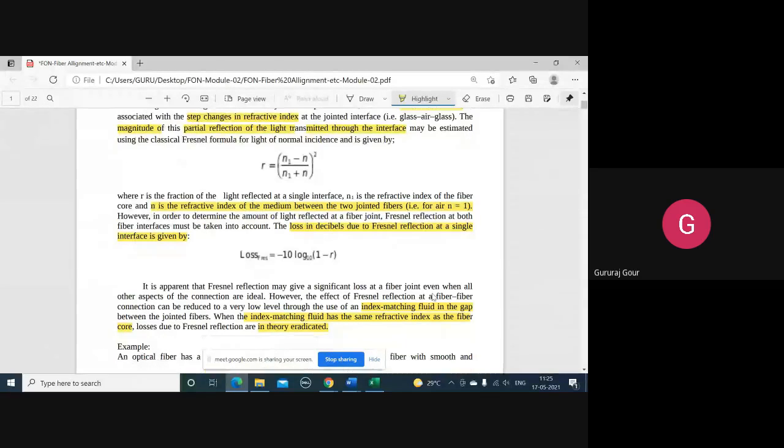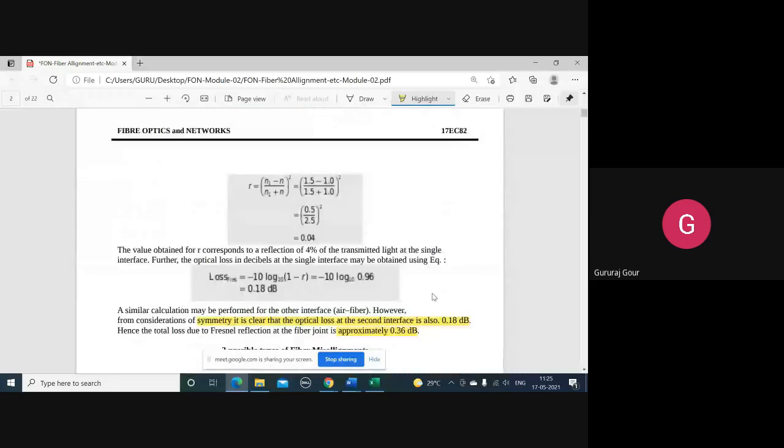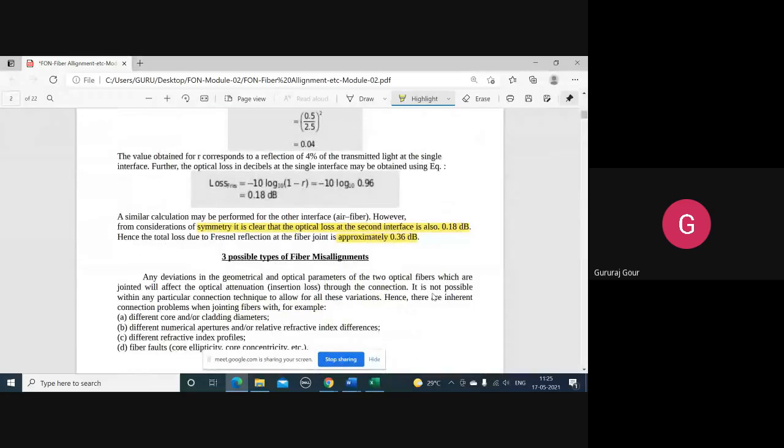We came across many numerical formulas here, which we found very useful in solving problems. So I asked you to practice these things.